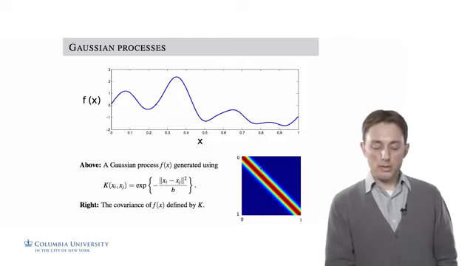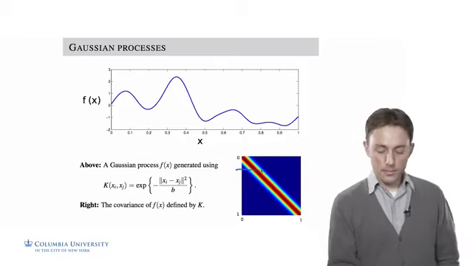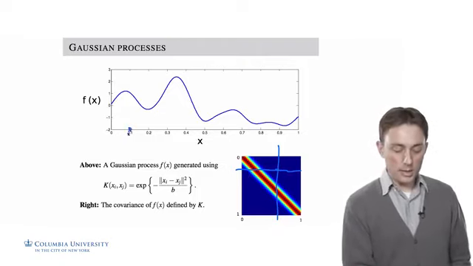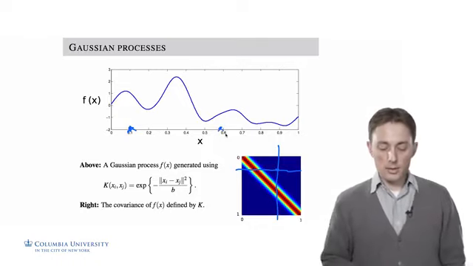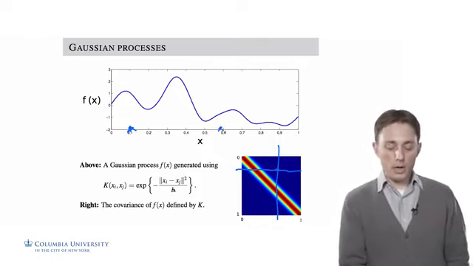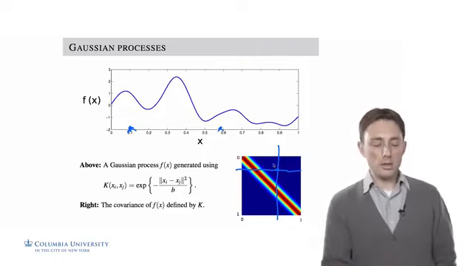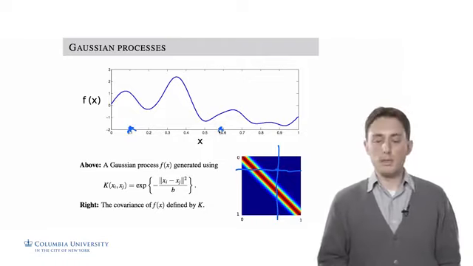Points that are farther away, for example, this point here, so this point corresponds to the covariance between, let's say, this point here and, say, this point here. They're too far away according to my definition of B, so their covariance is essentially 0. So there's no correlation between these 2 points.